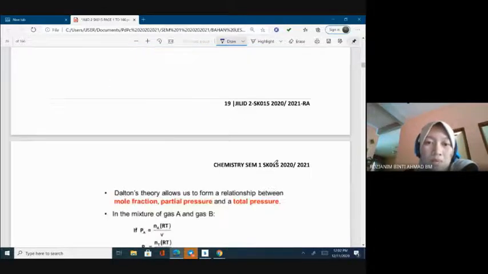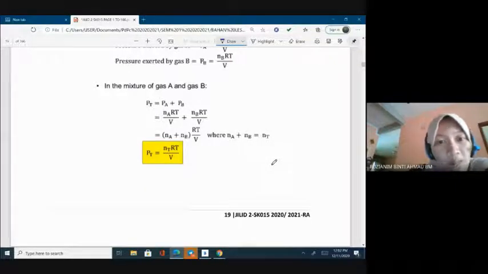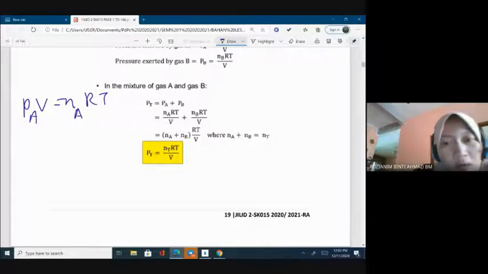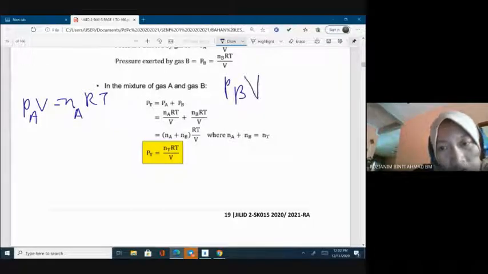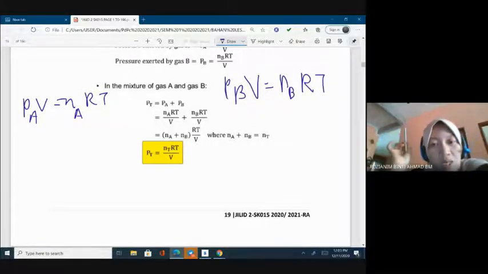Okay. So therefore, since each gas is an ideal gas, we can apply the ideal gas equation, PV equals nRT. If you measure gas A, this is the mole belonging to A. If we measure gas B, the volume is the same, the moles are different, it must be mole B, the temperature is also the same, because the conditions are the same.